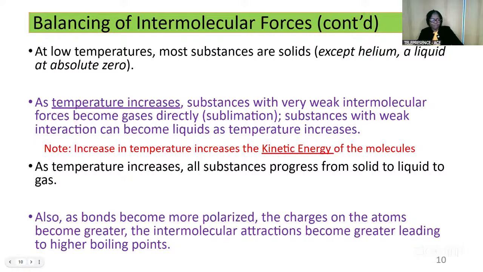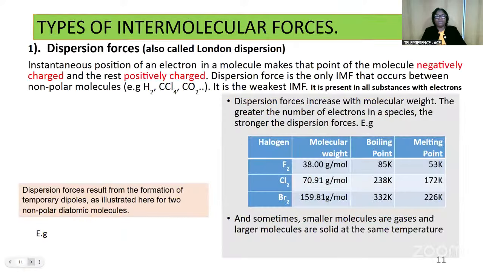So generally, you know that it will take a lot of kinetic energy to convert substances from very solid states like crystalline states to liquid and then to gas. So this is very important, and it also depends on some other factors.